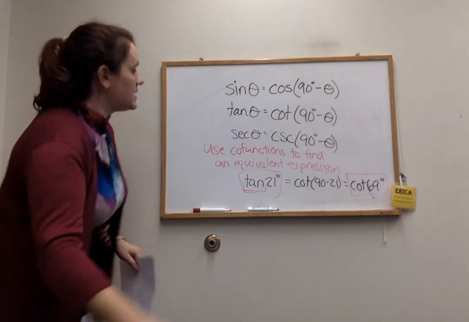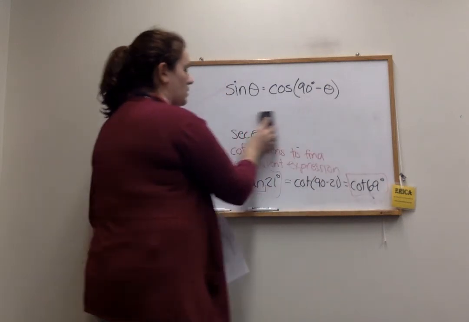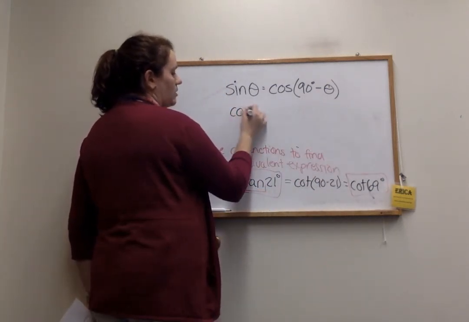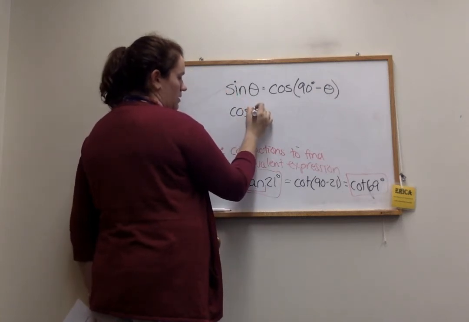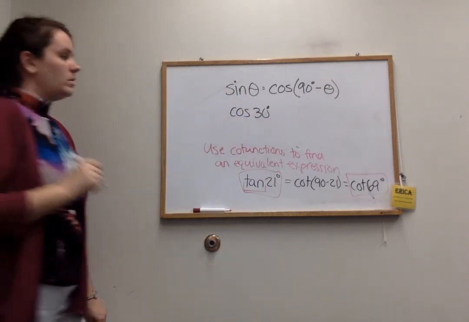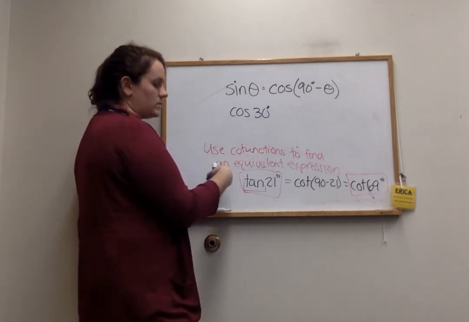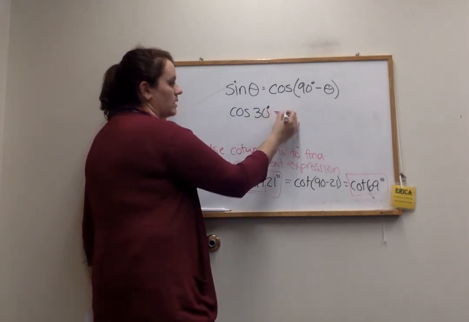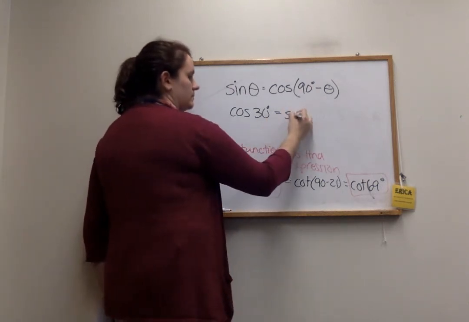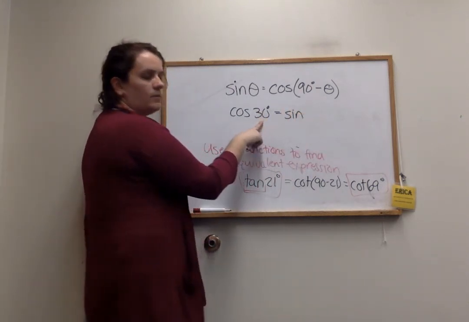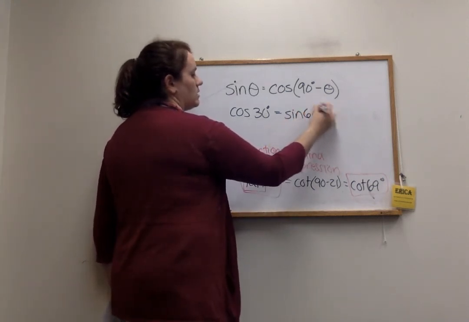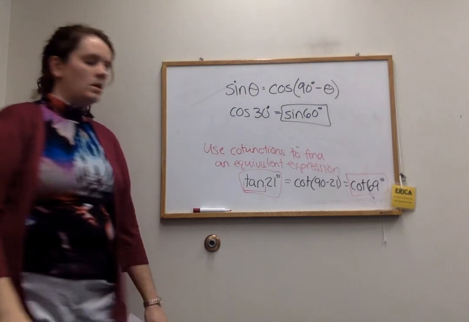Another example may be something like, say they give you the cosine of 30 degrees, and they say use cofunctions to find an equivalent expression. The cofunction of cosine is sine. The complement of 30 degrees, 90 minus 30, is 60 degrees. So that would be your answer.